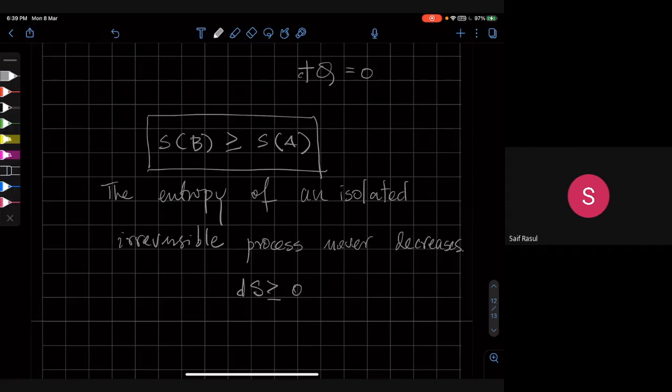Here, delta means the change. So I think there's a sense of time that is implied here. In the next class, I'll try to come up with some examples to give a bit of flesh to this equation, and we'll discuss some other thermodynamic concepts, okay?